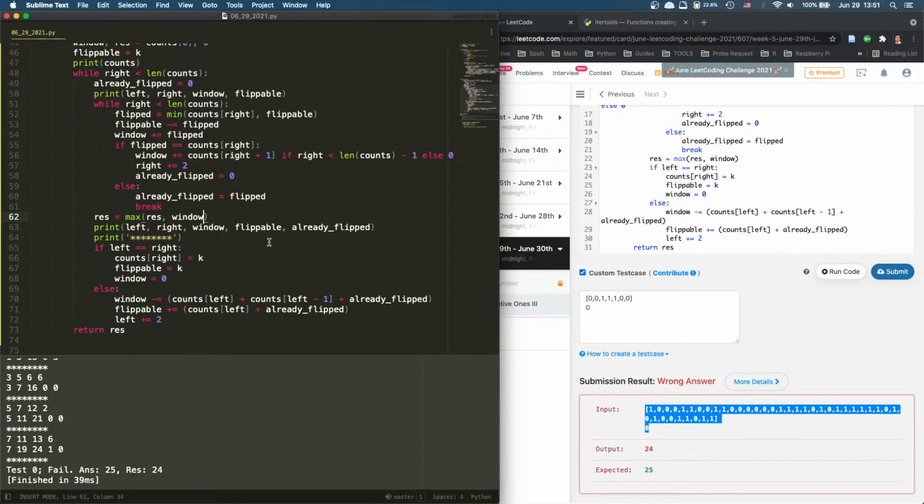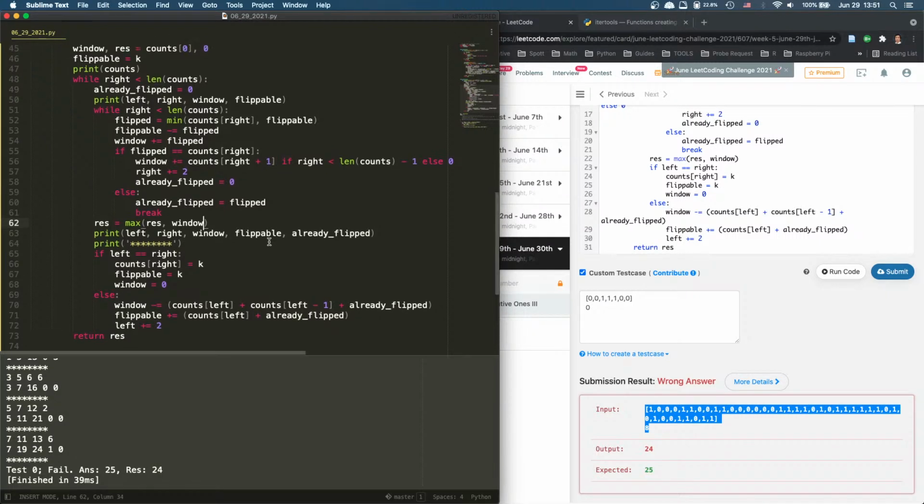So this means we flipped 5. I don't see we flip 5. How do we flip 5? Where's 7? Right? Where's 7? And we're at 11. 7, 11.